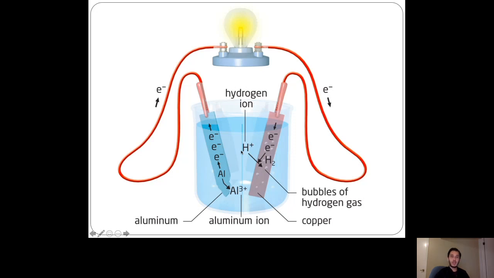And really, just to pause for a second, we are going to talk about this diagram in a very simple fashion. In grade 12 chemistry, not grade 12 physics, grade 12 chemistry, there's actually an entire unit devoted to the chemistry of these cells.